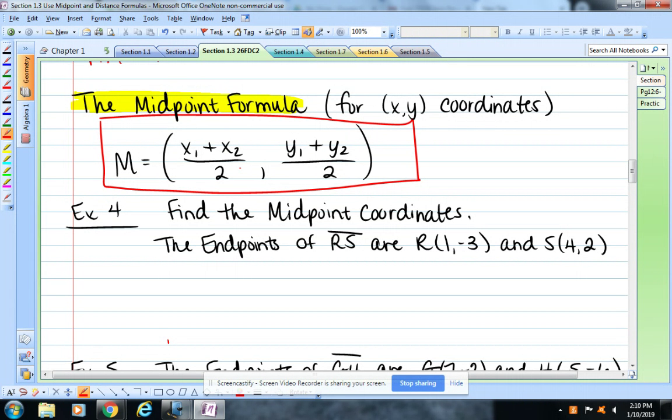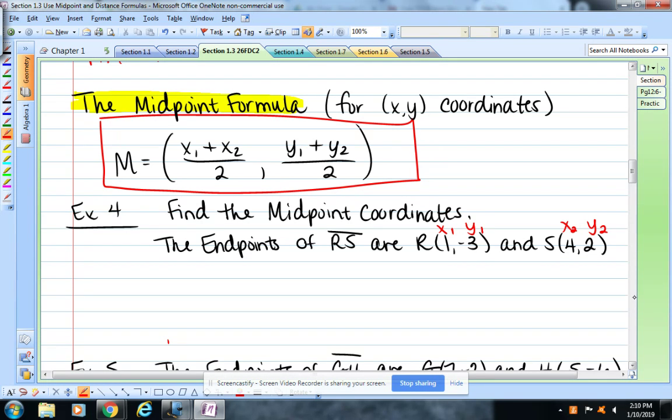Now, when you're talking about 1s and 2s, y'all know that every ordered pair has an x and then a y, correct? They're in alphabetical order. Now, if they're in the first ordered pair, those are the 1s. If they're in the second ordered pair, they're the 2s. Does that make sense?